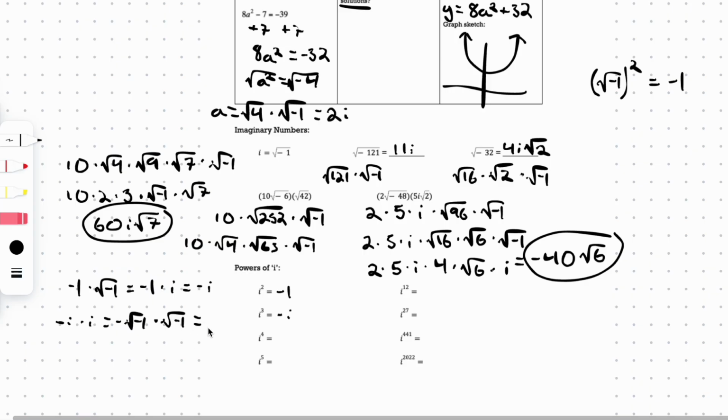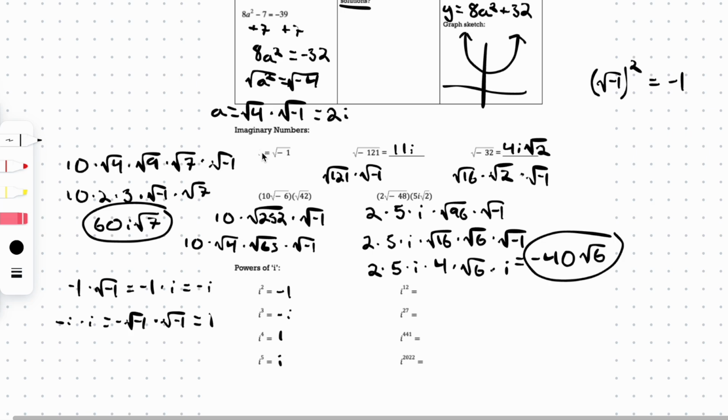And that's just going to give us, right, root -1 times root -1 is -1, times the negative, it's just going to give us 1. So we have +1. Now we have I to the 5th. And the I to the 5th is just I to the 4th times I. So that means 1 times I, which is just going to be I.